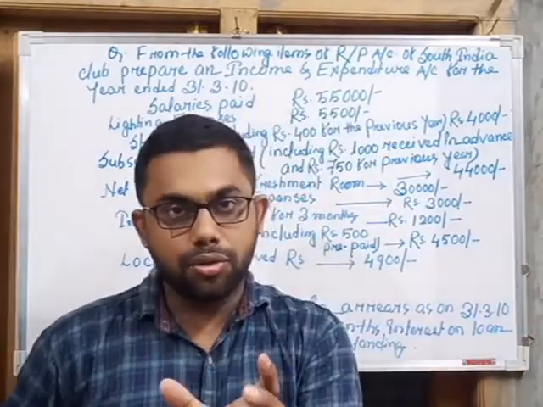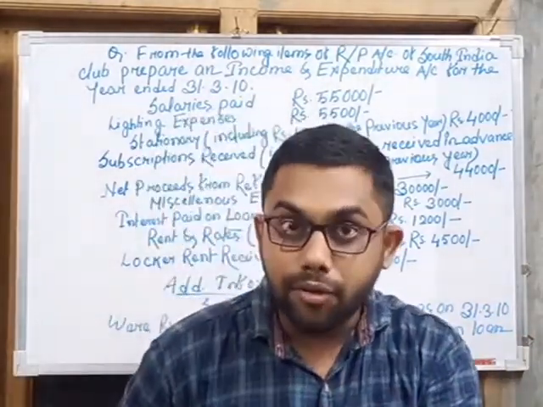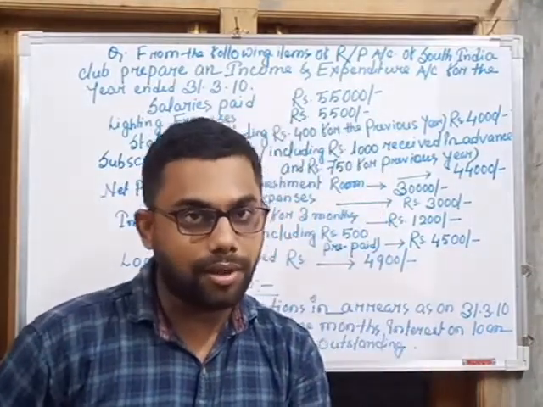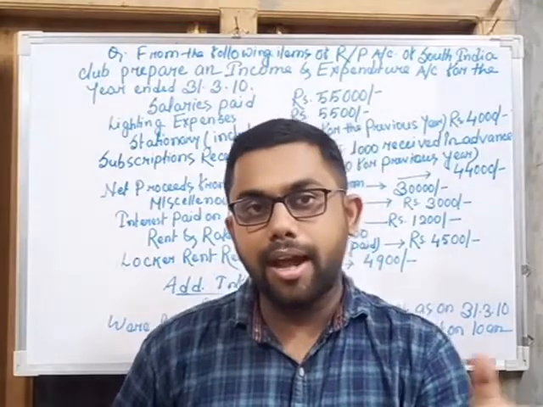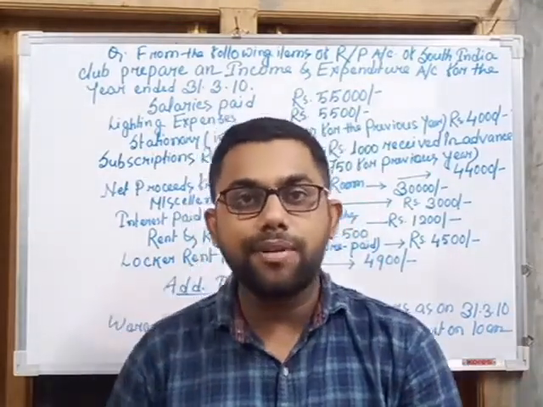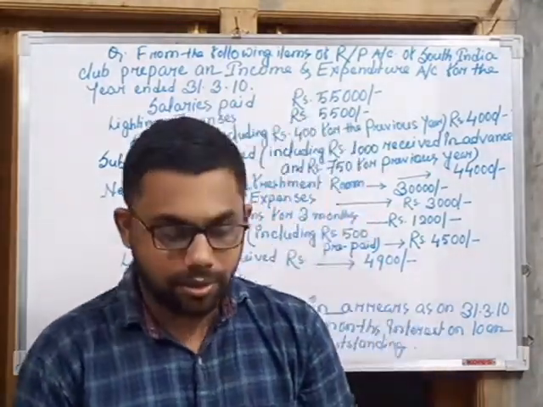What is the difference between accrual basis of accounting and cash basis of accounting? I think all of you have an idea about that, and if not, then I have already discussed what is cash basis of accounting and what is accrual basis of accounting.